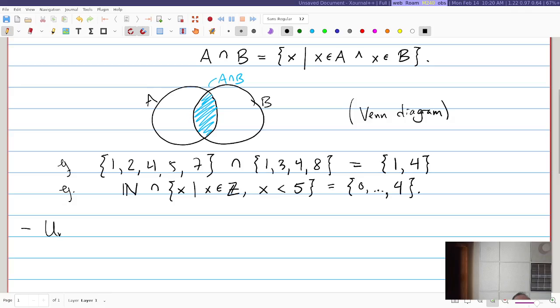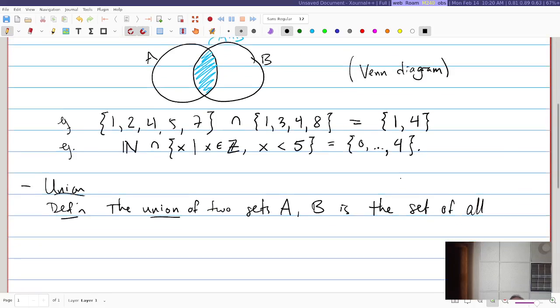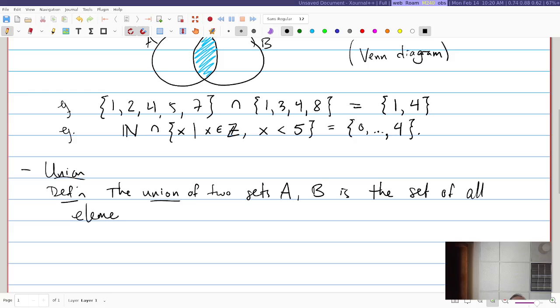So, union, definition. The union of two sets A and B is the set of all elements contained in either one.